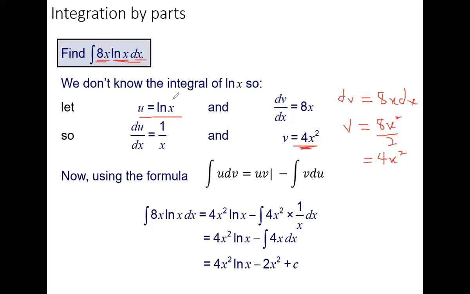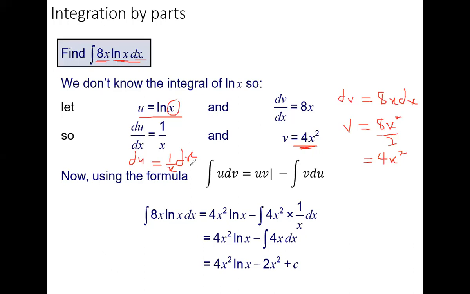So you differentiate the function here, from derivative class, 1 over x, which means du will be 1 over x with respect to x. If I multiply both sides by dx, du is 1 over x dx.